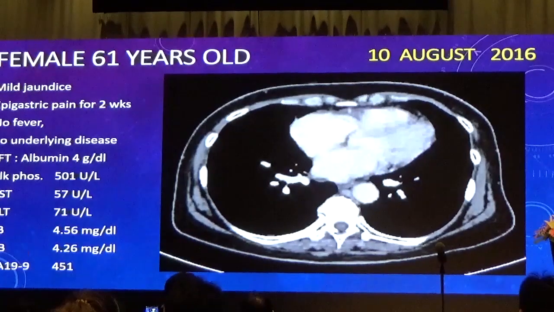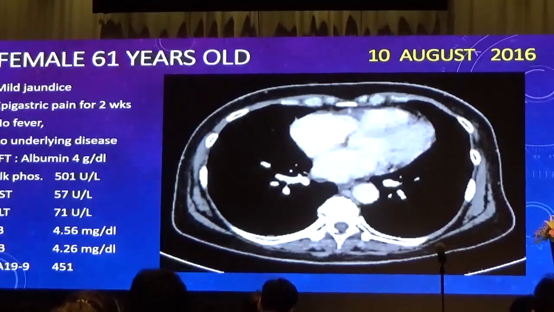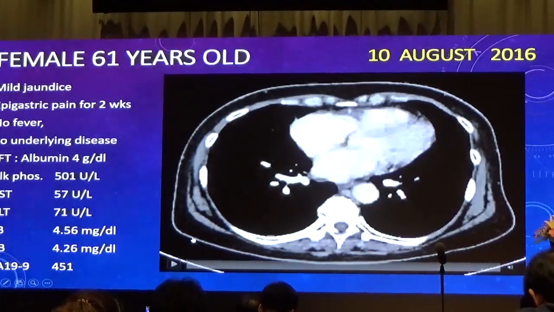So briefly, the case is a female, 61 years old. She presents with mild jaundice and mild elevation of total bilirubin. And this is her CT scan.